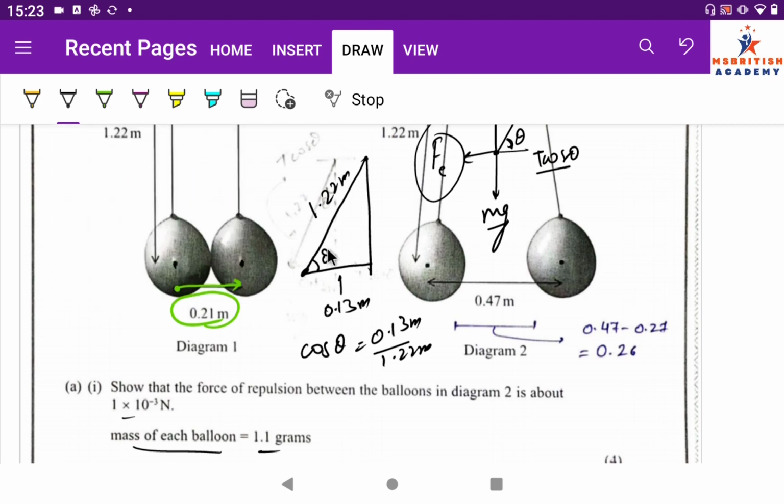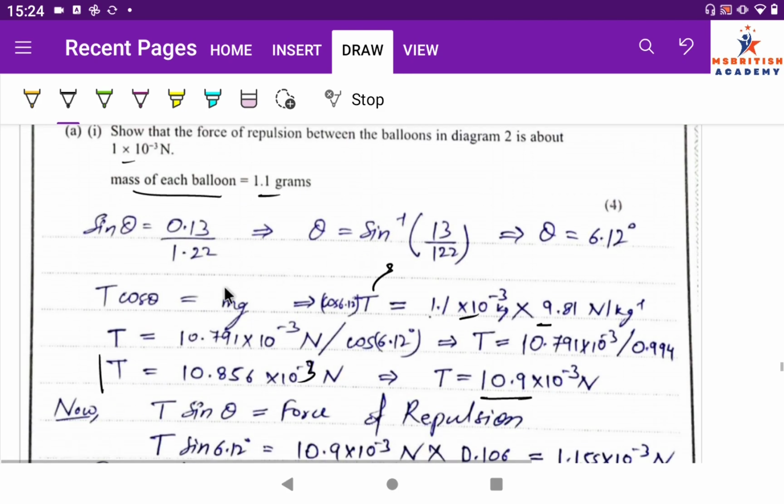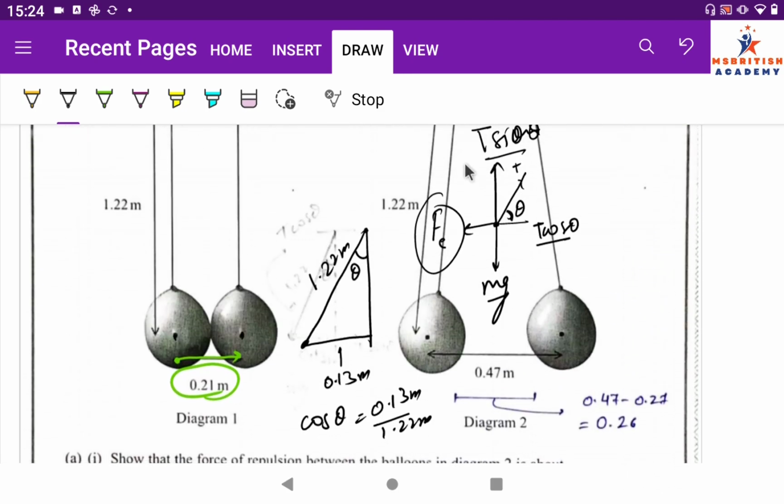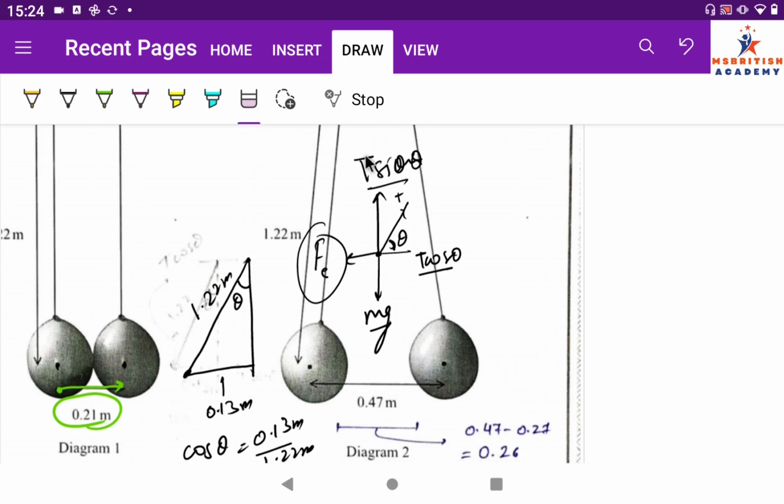So we can change it, but you can solve further using this as theta. It won't change anything, but the calculation I have done takes this as theta. Now everything is right.